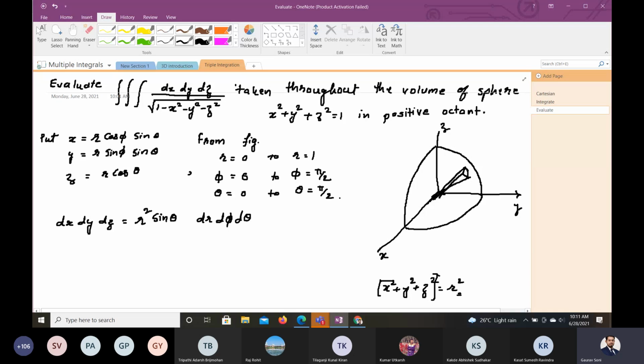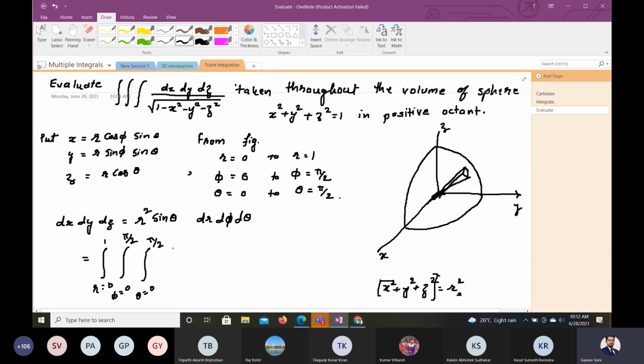So we have completely changed the coordinates. So r is running from 0 to 1, phi is running from 0 to pi by 2, theta is running from 0 to pi by 2.